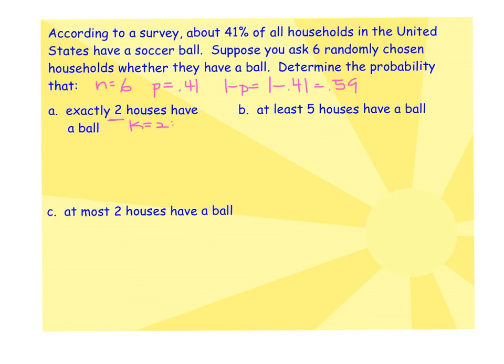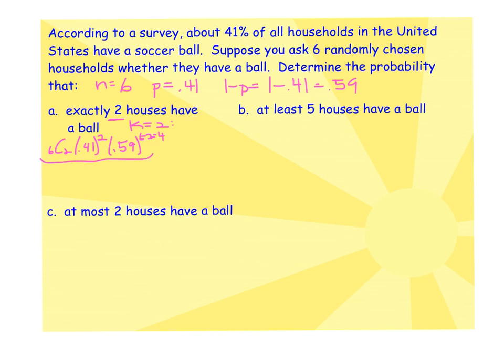Plugging all of this information into that formula up above, we would start off with 6C2 times the probability that you'd be successful, which is 0.41, and we want exactly 2 houses to say they have a ball. Then times the probability of the complement, to the power of 6 minus 2, which is 4. You literally just plug this all into your calculator at once.